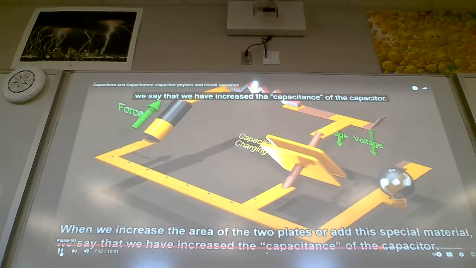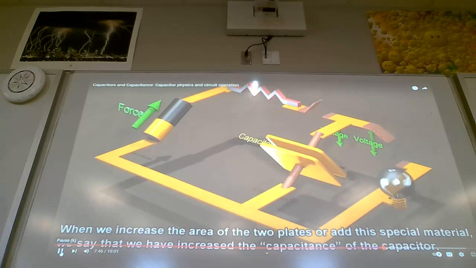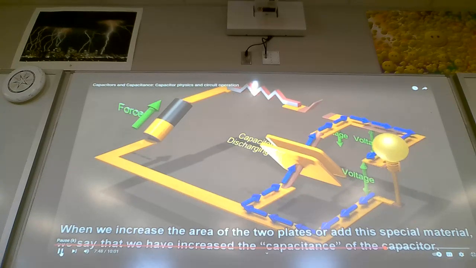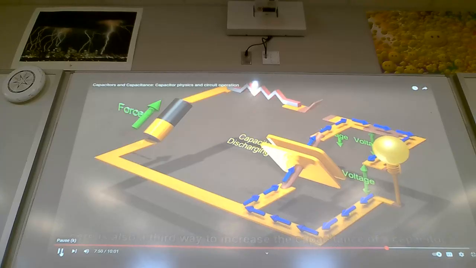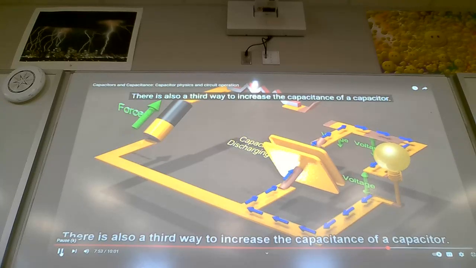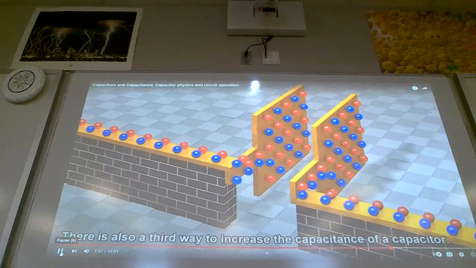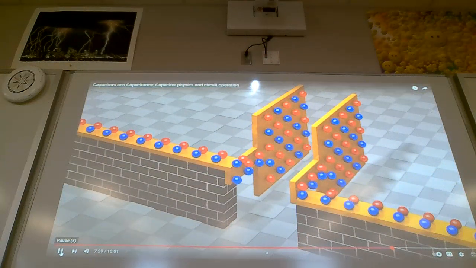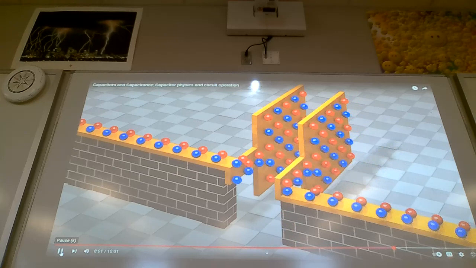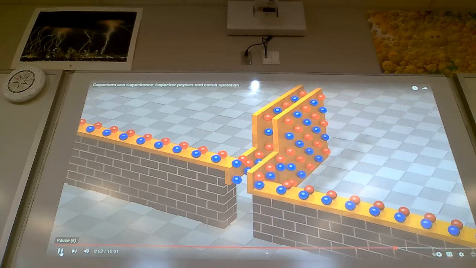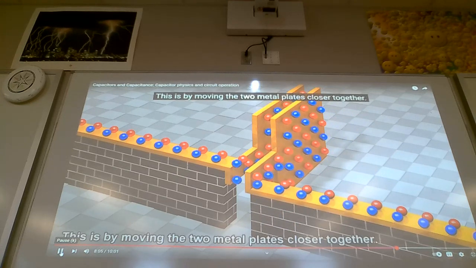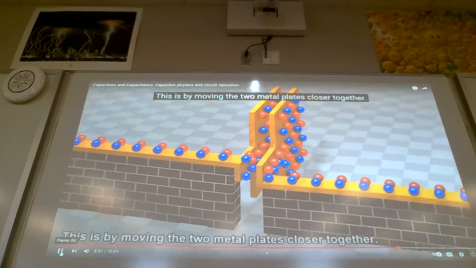We say that we've increased the capacitance of the capacitor. There is also a third way to increase the capacitance of a capacitor. This is by moving the two metal plates closer together.